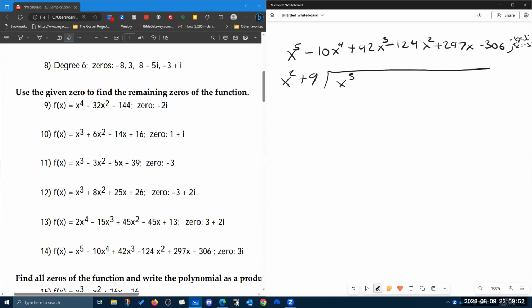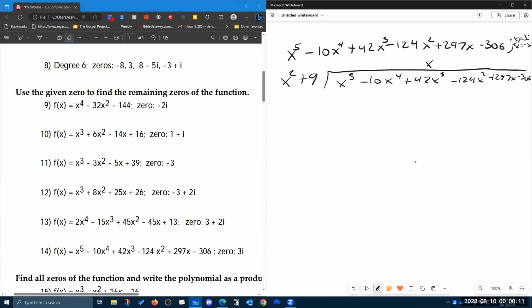x to the 5th minus 10x to the 4th plus 42x to the 3rd minus 124x squared plus 297x minus 306.